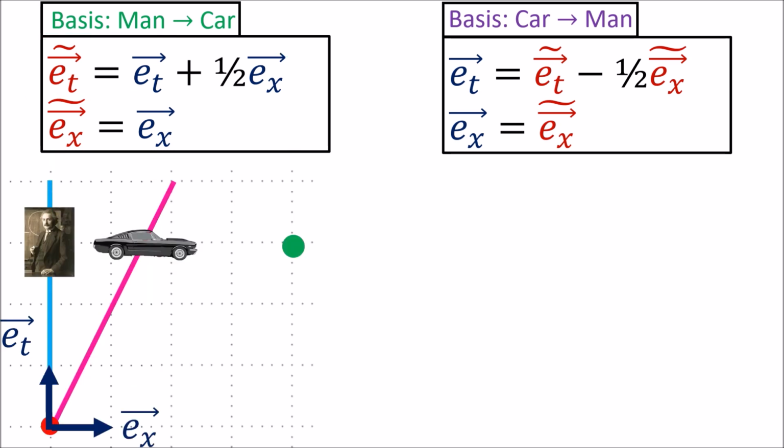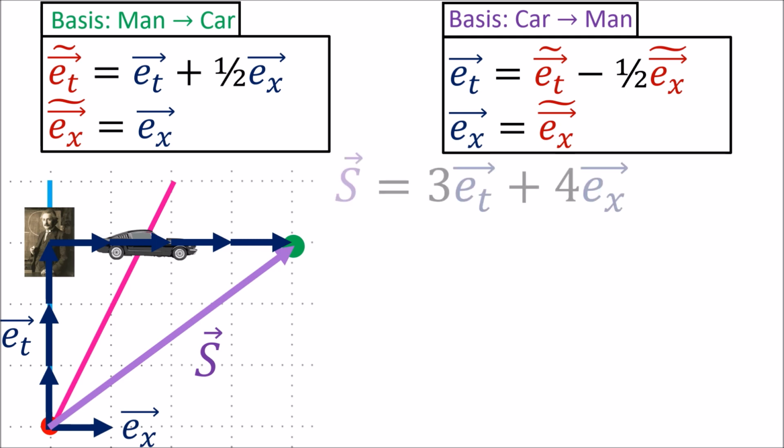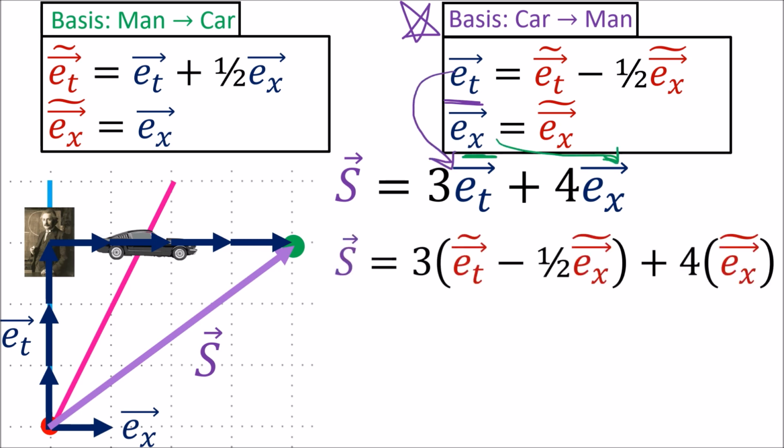Now let's go through a simple example for how to change spacetime components using these change of basis equations. So we know that the S vector is made up of 3 time vectors and 4 space vectors in Einstein's frame. Now let's use the change of basis equations to get the components for the Carr's reference frame. We can use substitution to replace ET and EX using these equations containing ET tilde and EX tilde.